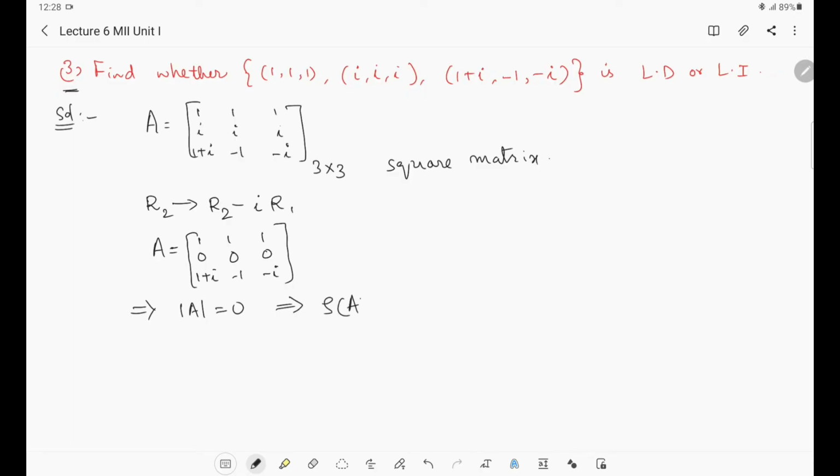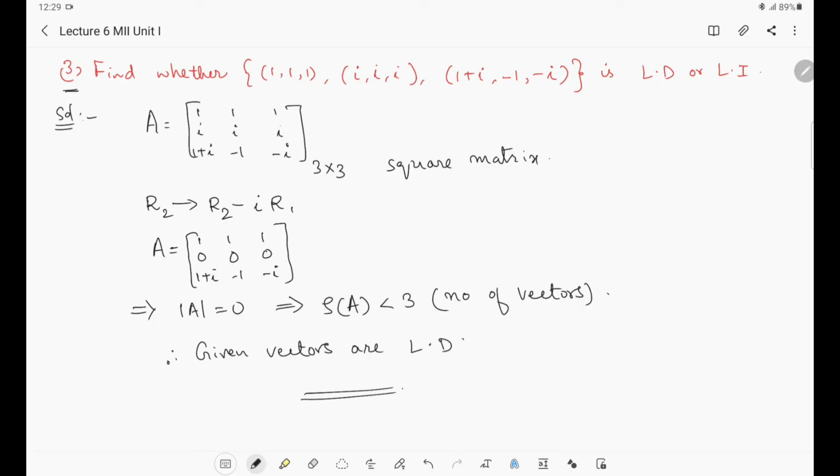The rank of A will be less than 3, which is the number of vectors. Therefore the given vectors are linearly dependent because the rank is less than 3.